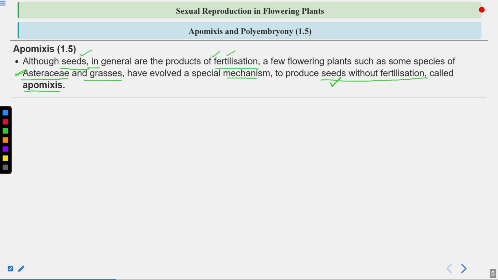The very common one is the graminae, the grasses. All the grasses belong to the graminae, and even your very important cereals, rice, maize, and wheat, all belong to the graminae family, right? So we see this apomixis phenomenon in graminae, rosaceae, compositae, or asteraceae.